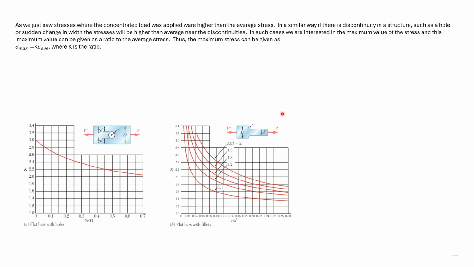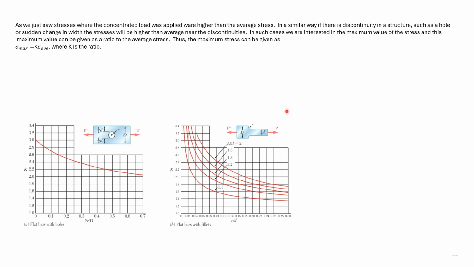So consider a case where the capital D by small d is 1.2, so this curve, and the radius of the fillet divided by small d, that is r by d, is 0.2. Then as we can see, the stress concentration factor is 1.6.